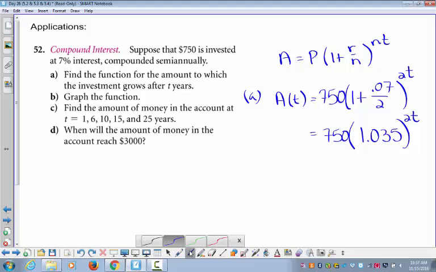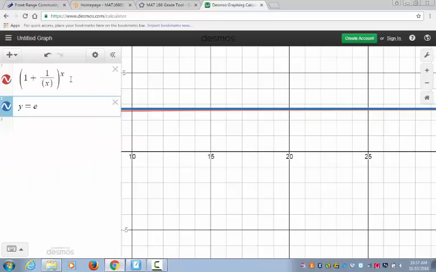Let's do a couple of these for part C. So part C says find the amount of money in the account at these points. Well, I guess actually if we do plot in Desmos, we could get all those very quickly. So let's just do it. I already have it open, so might as well throw it in there and take a look.